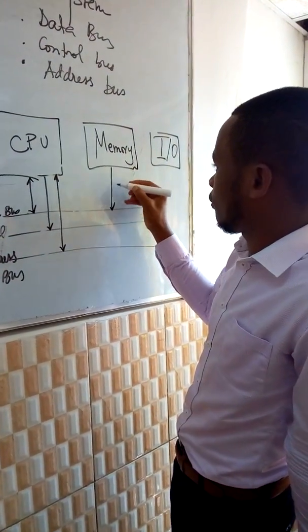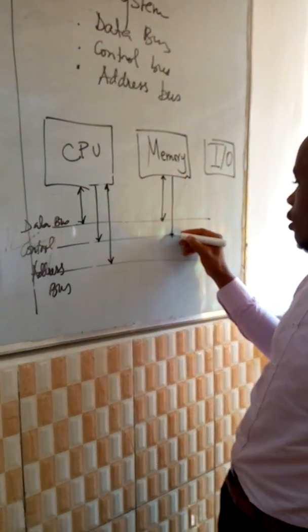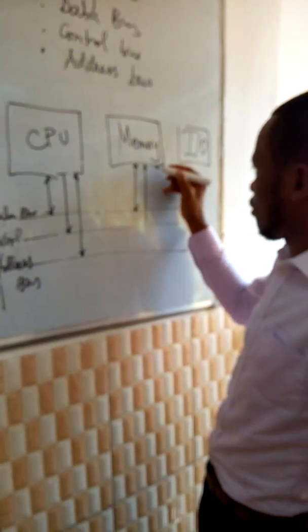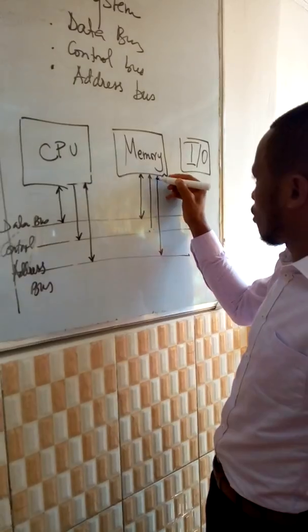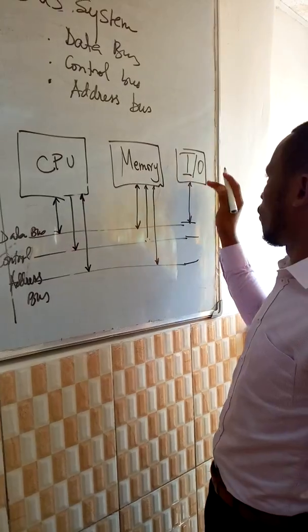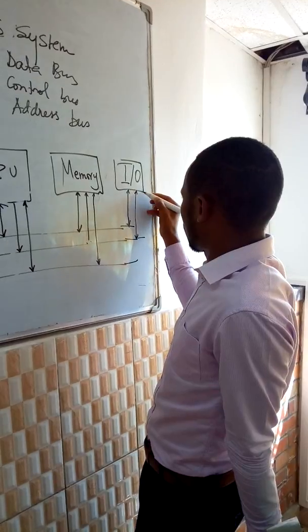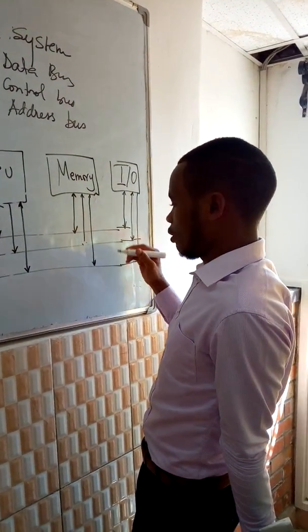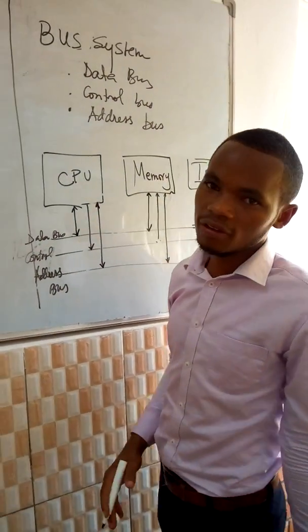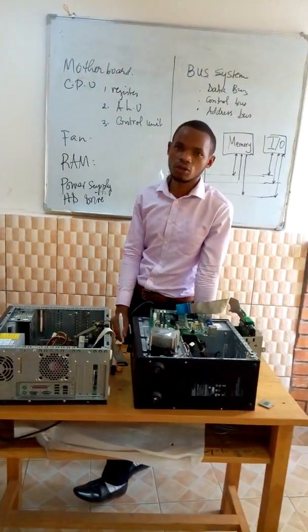Even here the data bus is bidirectional, and finally for input output, the control and the data, the address bus.